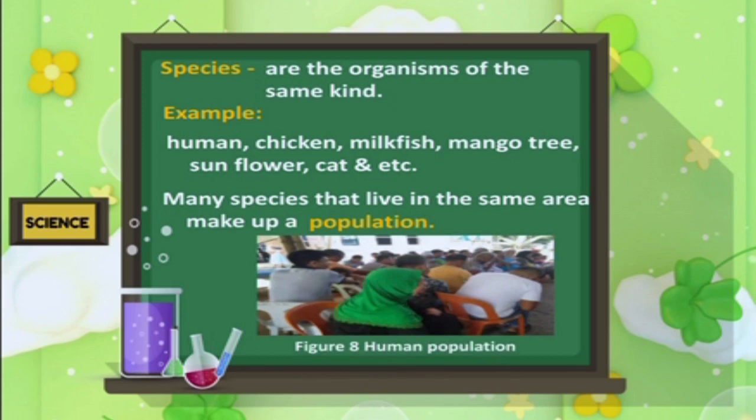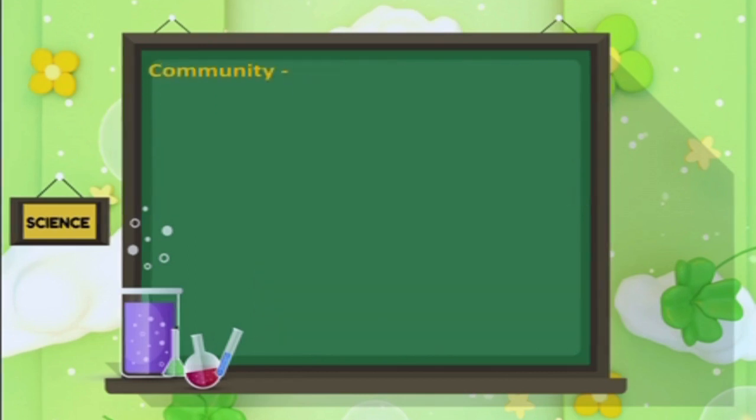For instance, the people who are living in Lanao del Sur make up a population. Another example, many catfishes that are living in Lake Lanao make up a population of catfish. Millions of small shrimps living in Lake Lanao make up a population also. If many populations are living in a certain place, then it is a community.